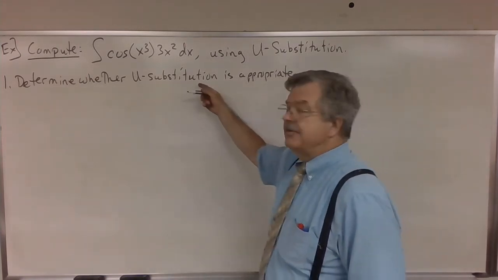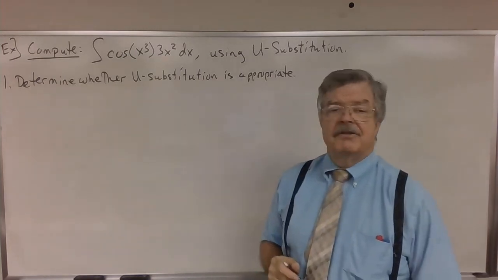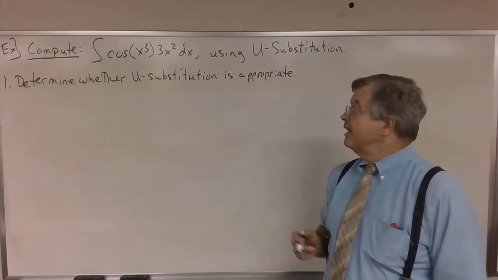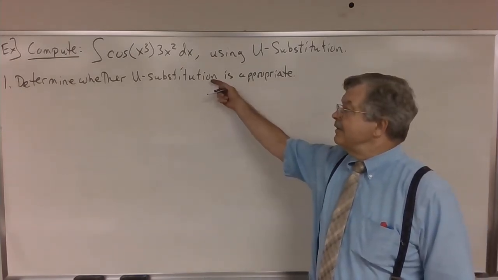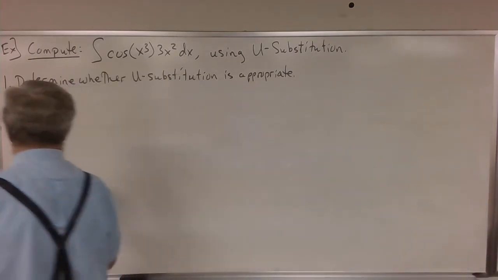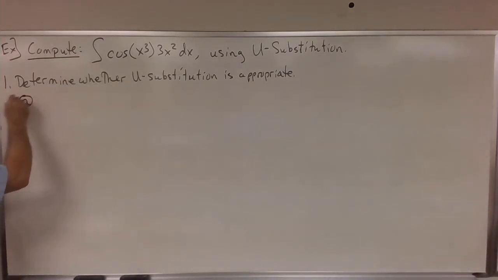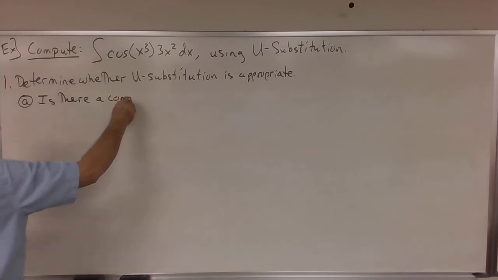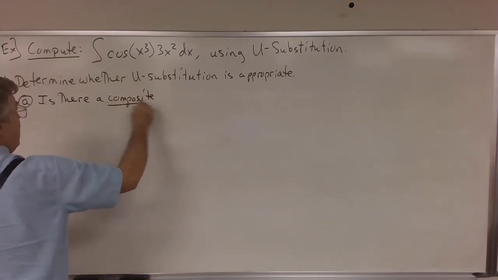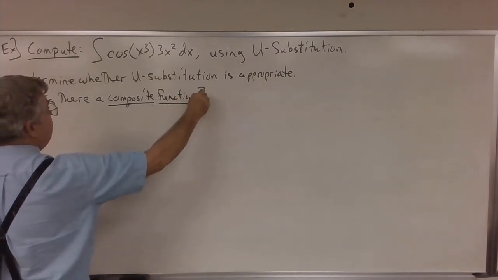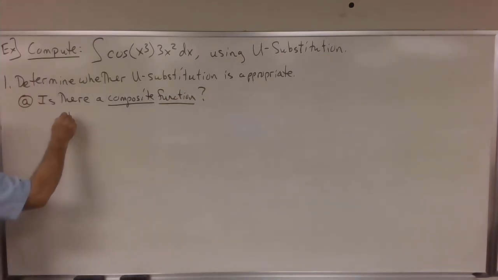And we don't want to use U-substitution on an expression that's not the derivative of a composite function. So we need to know whether U-substitution is appropriate. A, is there a composite function? And the answer is yes.